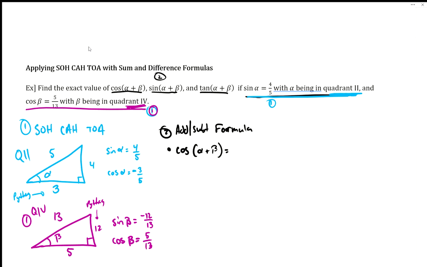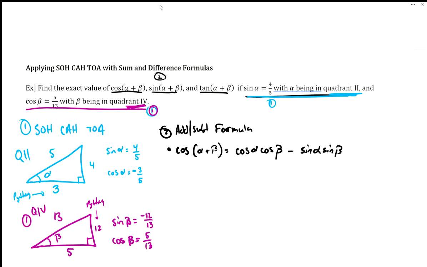And then we'll just set up our formula. It is cosine of alpha, cosine of beta, and then minus sine of alpha, sine of beta. Okay, so I always remember cosine, cosine, sine, sine, and then switch the sign in the middle. So the plus here became a minus in there. And then now we'll just substitute all these in.